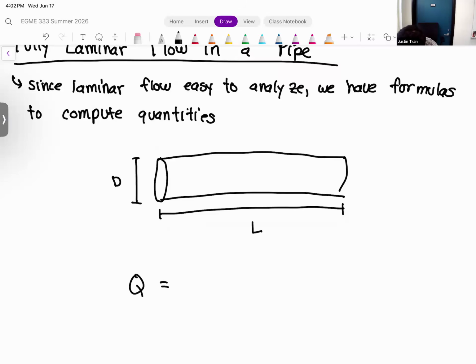So we have Q is equal to delta P, where Q, remember, is our volumetric flow rate, and delta P is our pressure drop. This is multiplied by pi times D to the fourth power divided by 128 times the viscosity times the length.